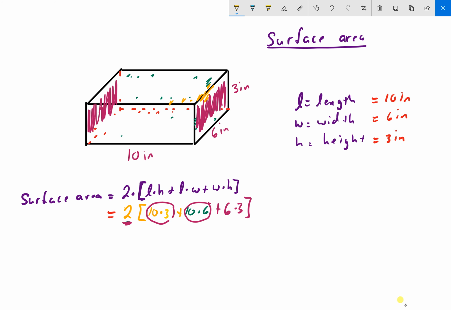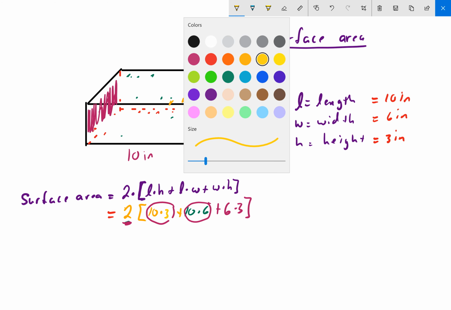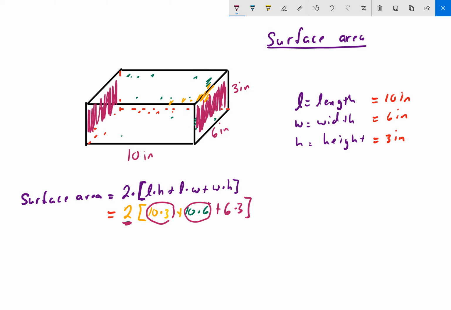And then the last should be the sides. So this was 10 by 3, so this was front and back. This was top and bottom. And this was the 2 sides, side and side.